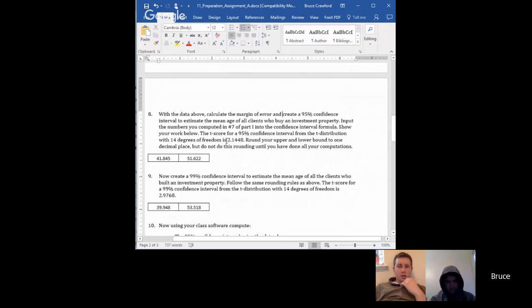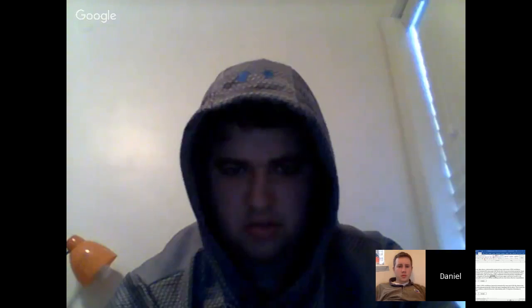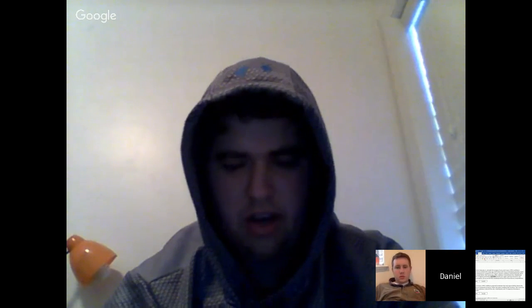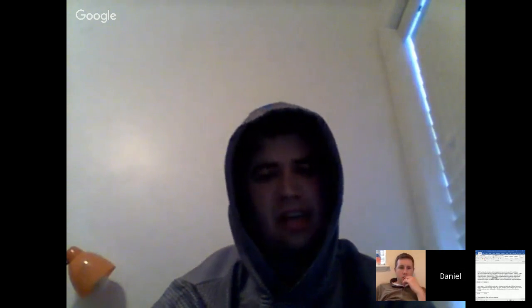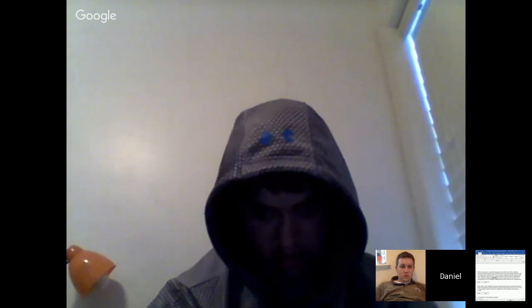Do you know what this 2.1448 is supposed to mean? It says the t distribution with 14 degrees of freedom is 2.1. I think that's where it's coming from, like the applet or something, where the confidence interval from the t distribution with 14 degrees of freedom is 2.1448.